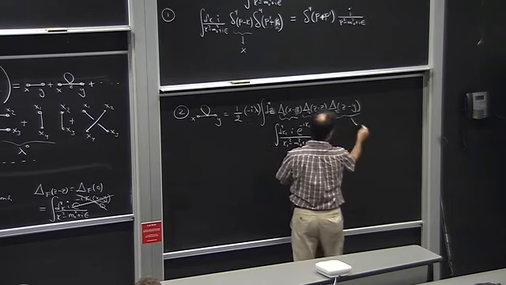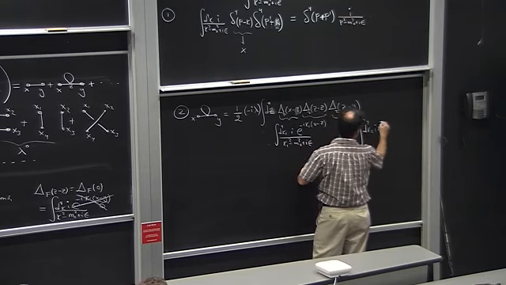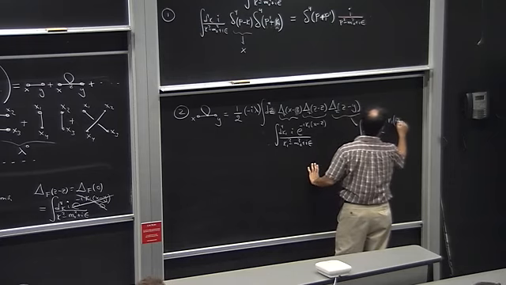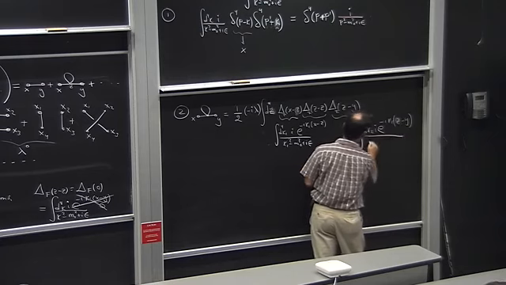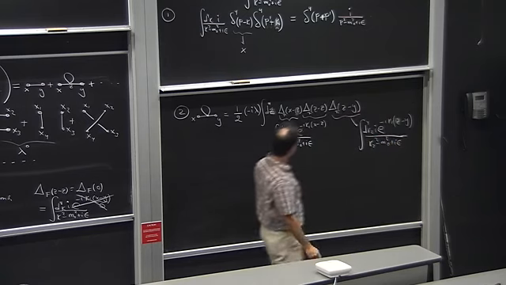And this guy we can represent as integral d4 k2, i e to the minus i k2 dot (z minus y) over k2 squared minus m0 squared plus i epsilon. Okay?